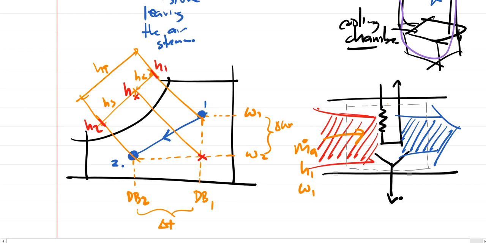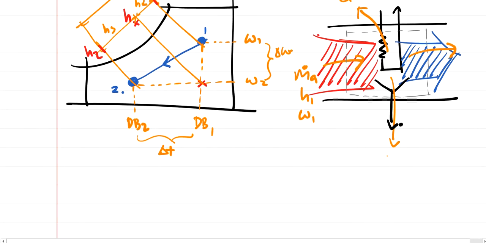Because this is a cooling equipment, the heat will be going out of the system. That's our Q, and there will be some water that leaves the system. The mass that leaves the system is not the air but the water.